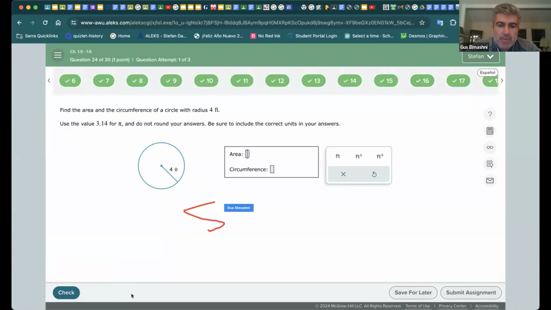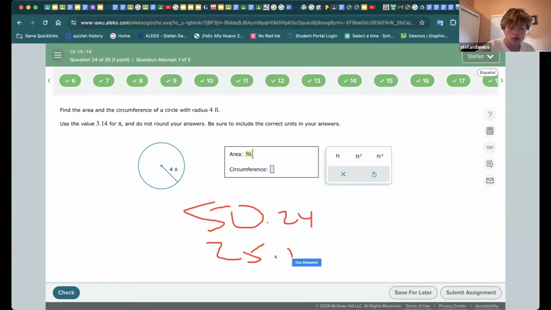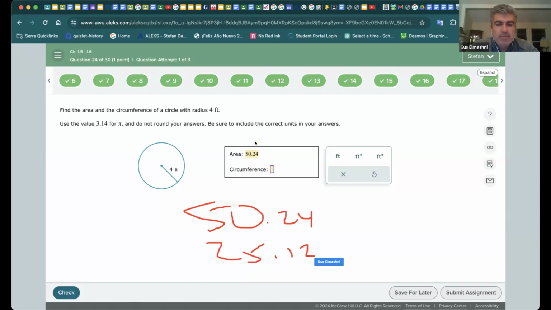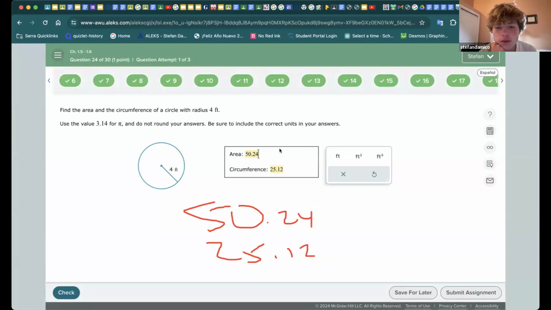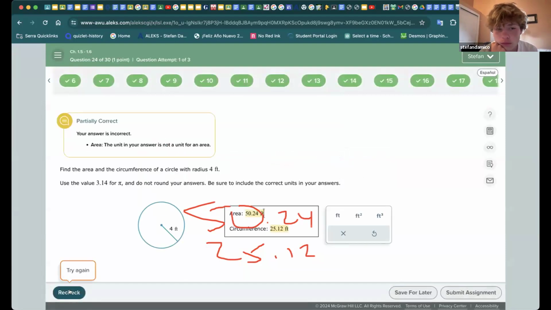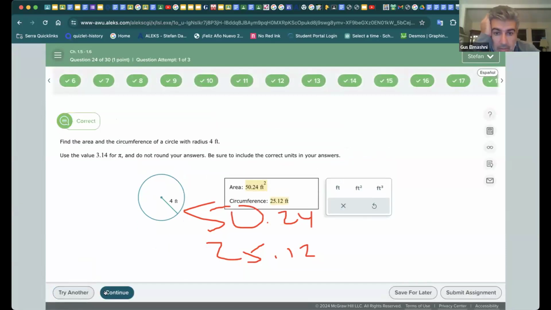Repeat that. 50.24 for area, 25.12 for circumference. Oh, 50 feet. Wait, yeah, okay.